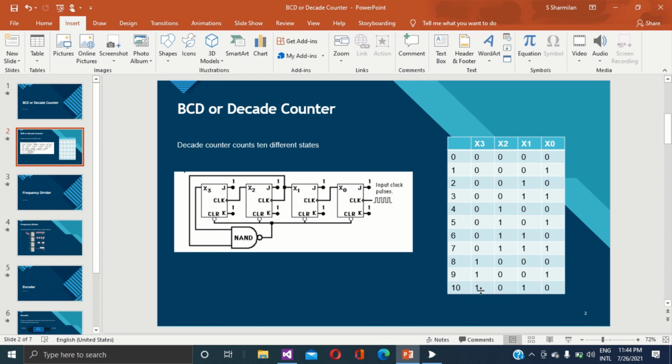Here x1 and x3 both are equal to 1, but we want to change both to 0. So here I am using a NAND gate. Here x3 and x1 are equal, x1 converts to 0.